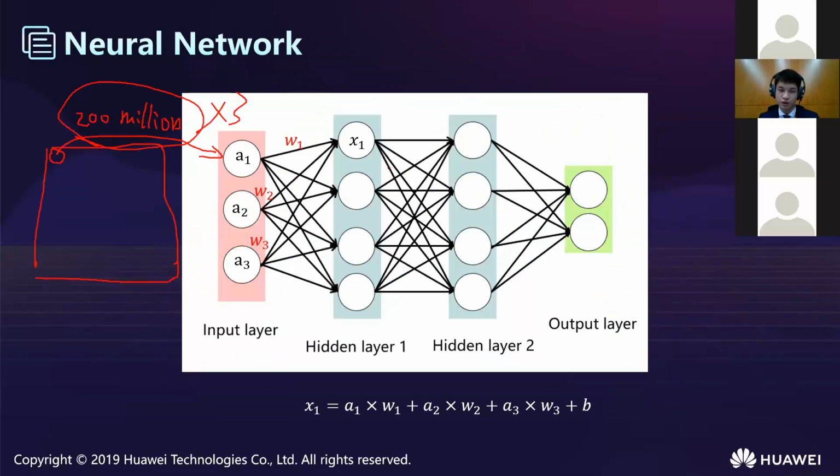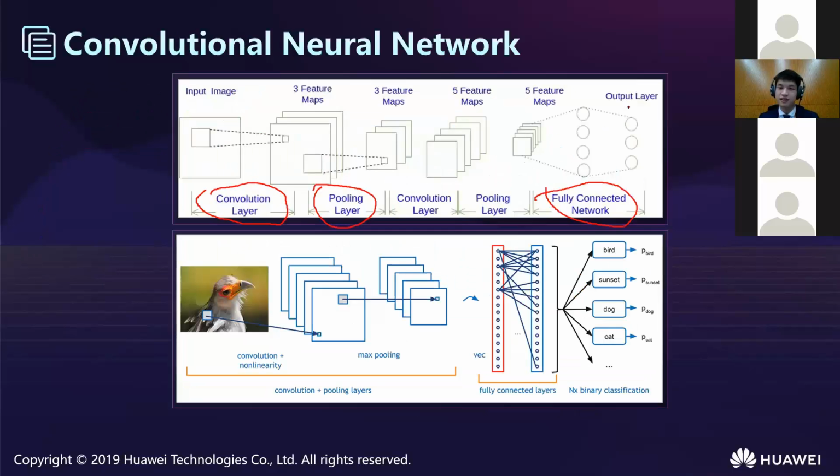So we also use, for example, this one in the convolutional neural network. So here we use the fully connected layers. Okay, that is the output layer. So that is a 3 class classification task.